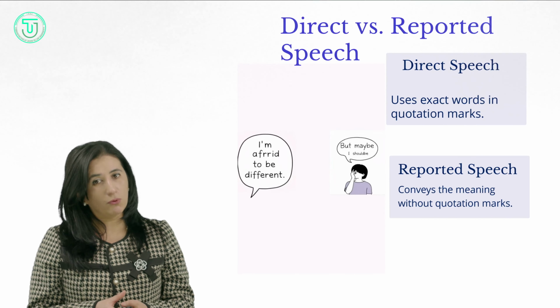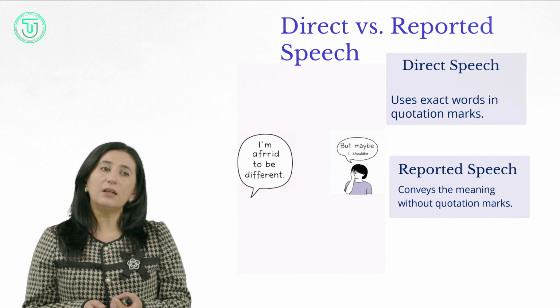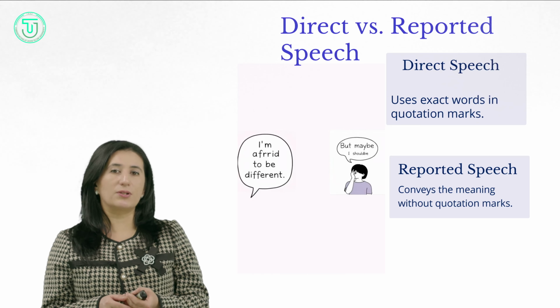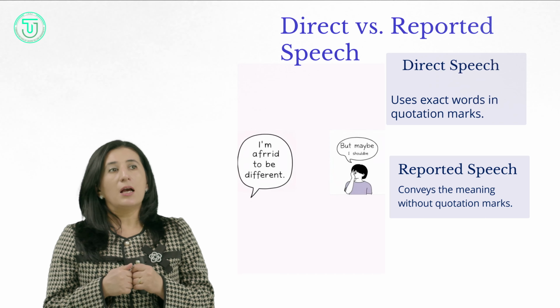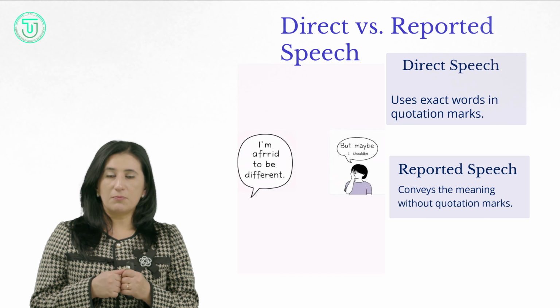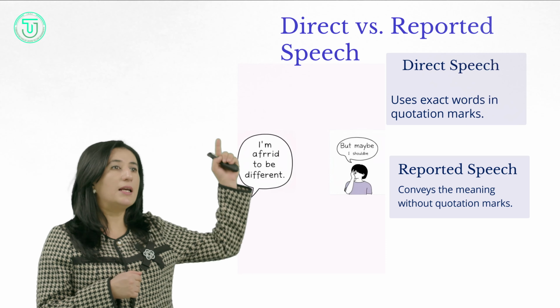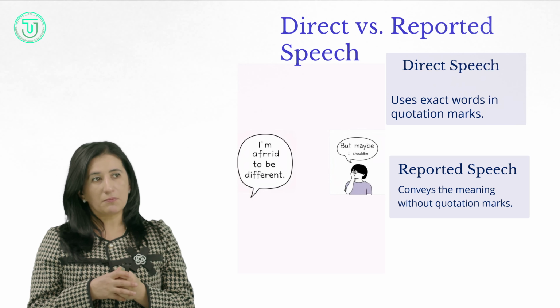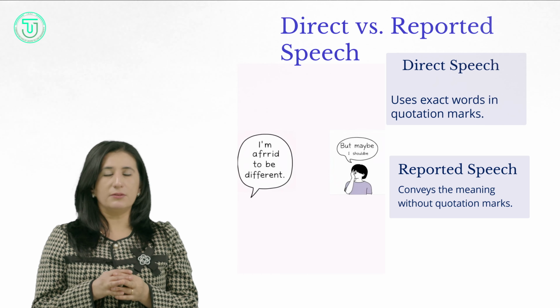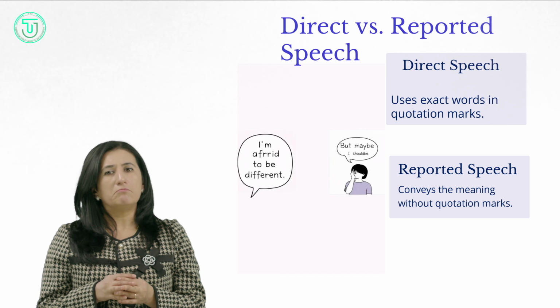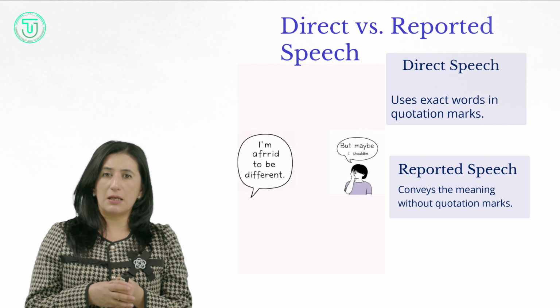There are some rules and regulations on how we transfer someone's speech into our speech. Let's see the difference between direct speech and reported speech. Direct speech: "I'm afraid to be different, so maybe I should be."